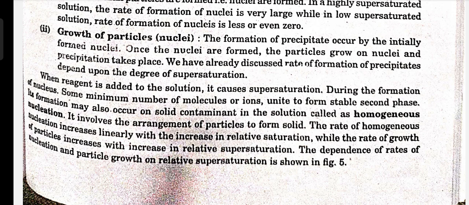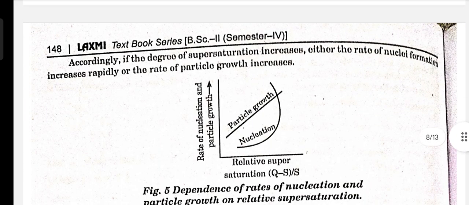It involves the arrangement of particles to form a solid. The rate of homogeneous nucleation increases linearly with the increase in relative supersaturation, while the rate of growth of particle increases with increase in relative supersaturation. The dependence of rate of nucleation and particle growth on relative supersaturation is shown.